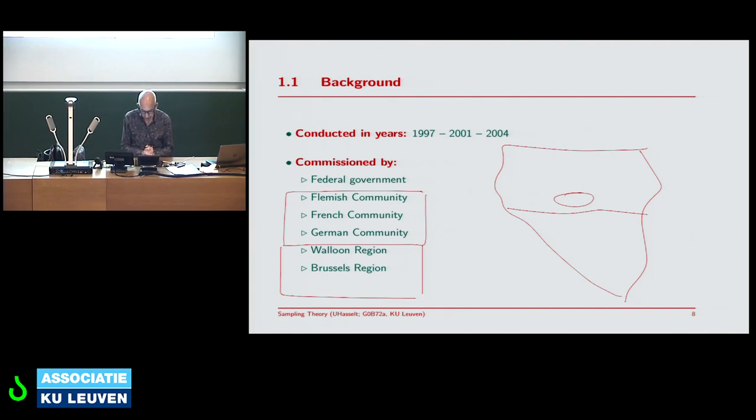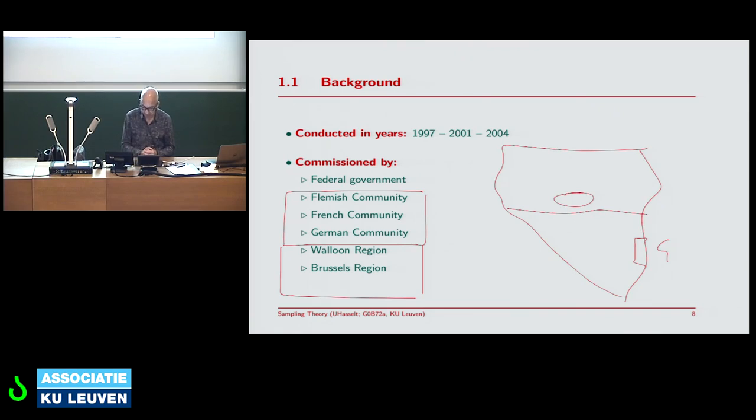In Wallonia, French is the official language, except in a few towns in the southeast where German is spoken, the German community. The rest is French-speaking. And then Brussels is partly Flemish, Dutch-speaking, partly French. And people who speak neither of the two languages are relatively free to choose the language group they belong to.